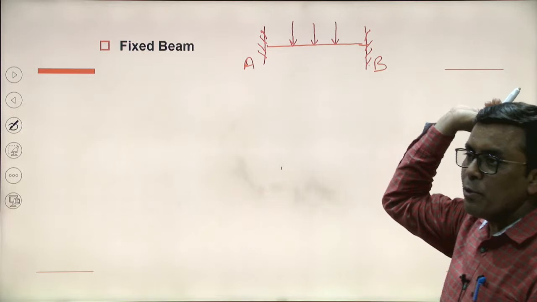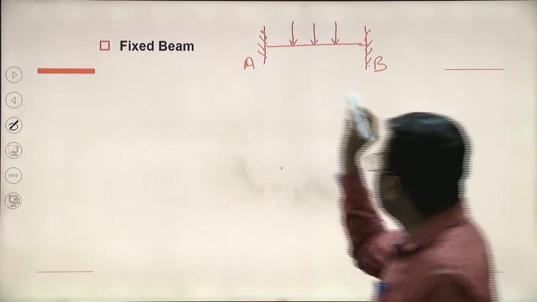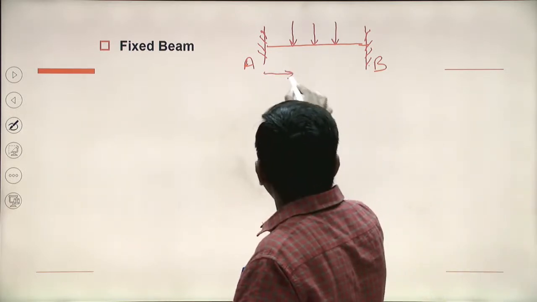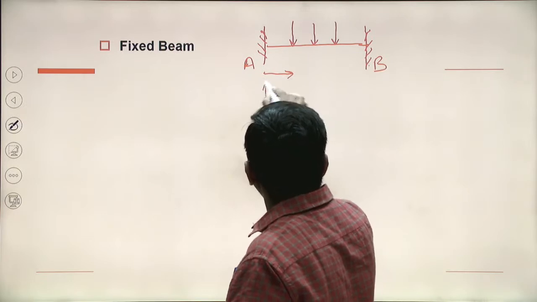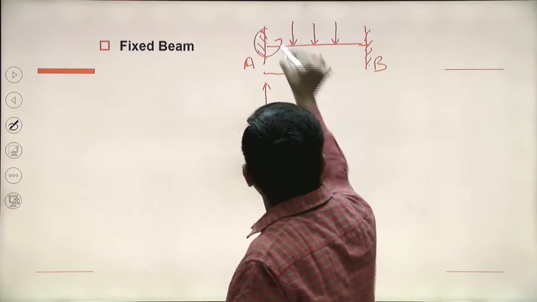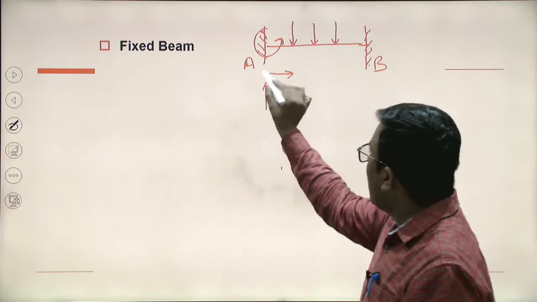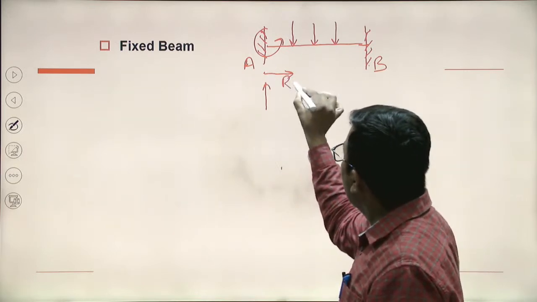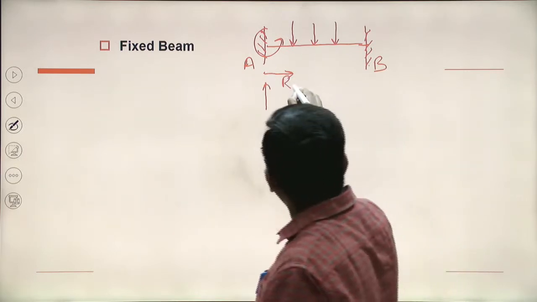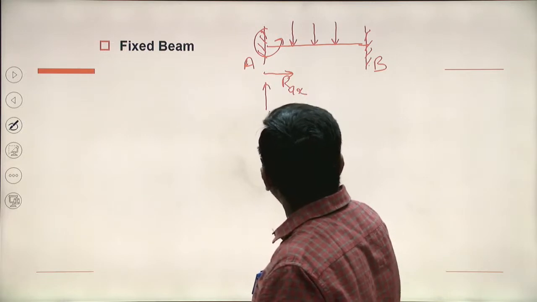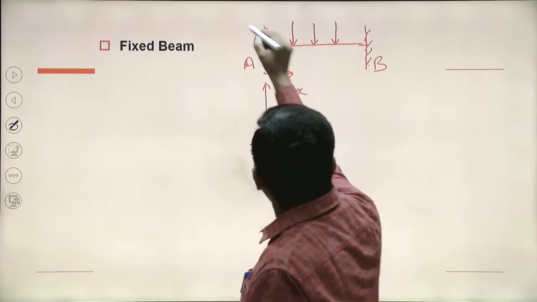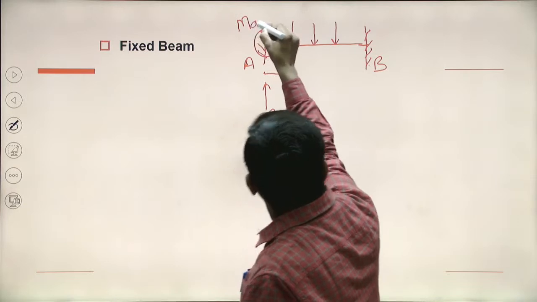How many support reactions, how many unknown reactions will be there? Restriction, restriction, restriction. So there are 3: RAX, RAY, and MA.